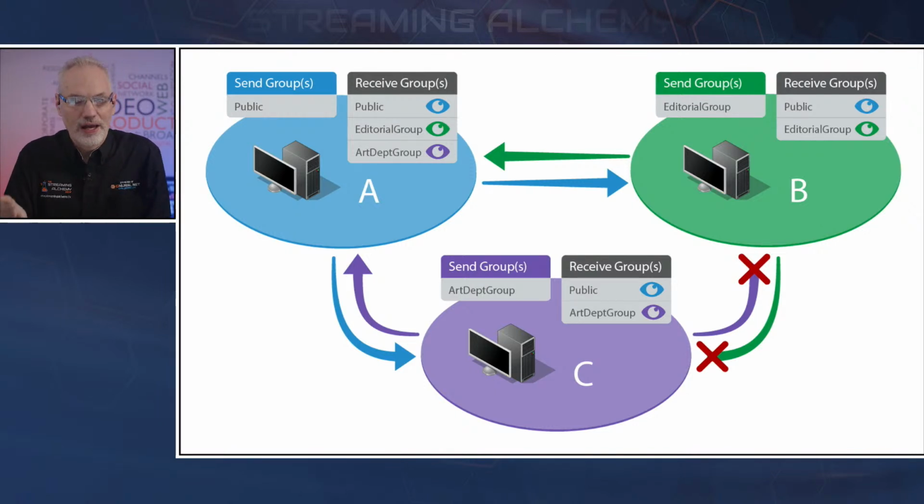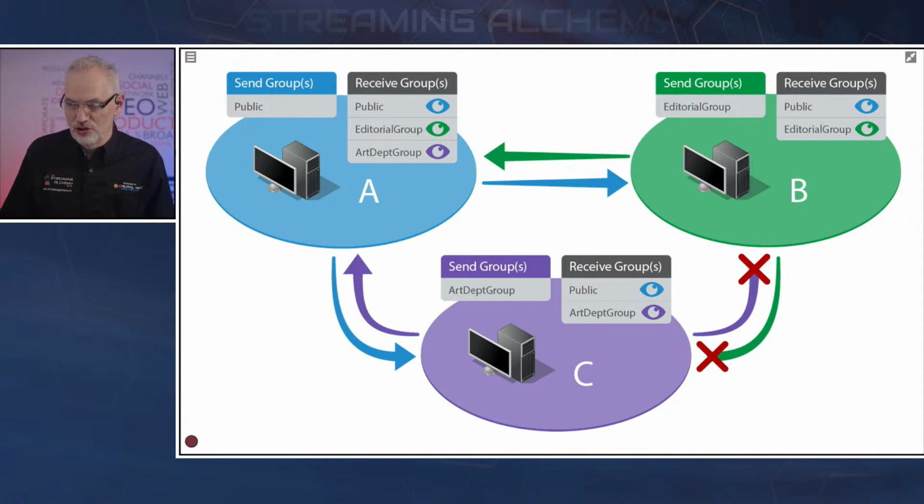And if you look at the way this diagram has these systems set up, everybody on system B can see all the things published by system A and all their own. If other people in this network are sending to the editorial group, they'll see all that. But what they do not see is anything published by system C over here, because that's publishing everything to the art department group.